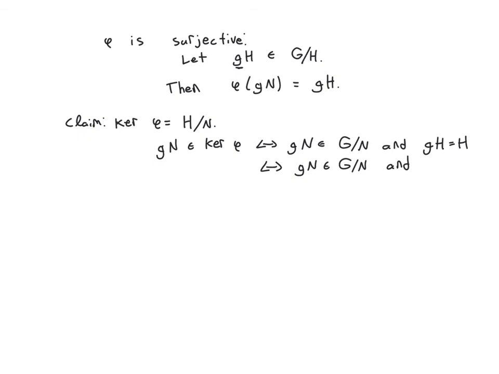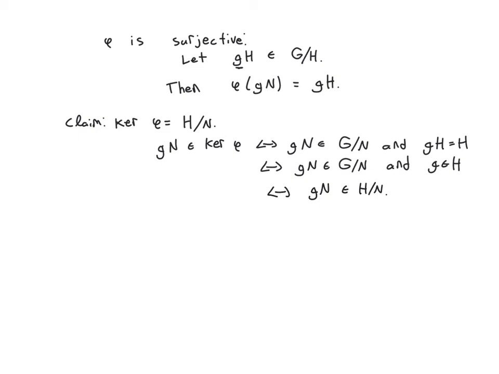And what does it mean for gH to be equal to H? Well, that only happens when g is an element of H. So we're looking at cosets of N where the representative is an element of H. So that means that you're actually looking at a coset of H mod N. Therefore, the kernel is H mod N.